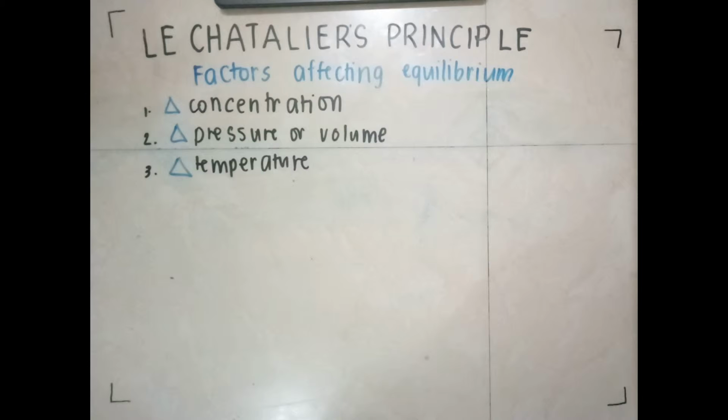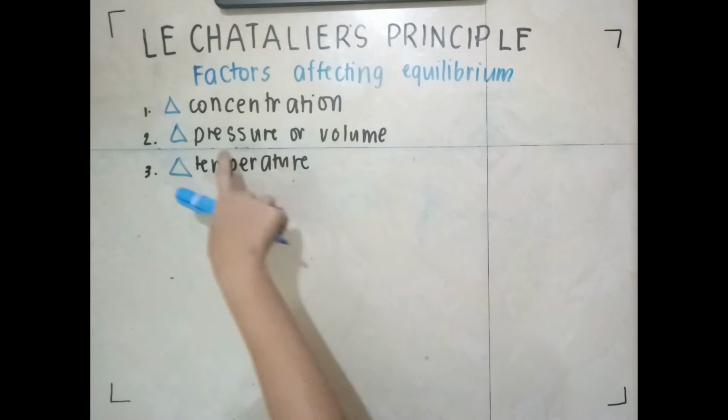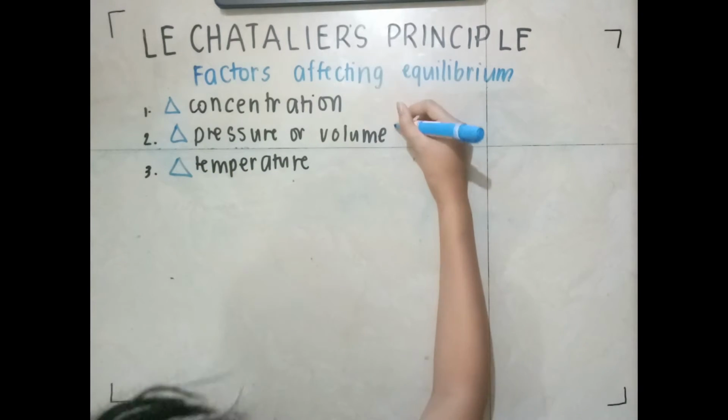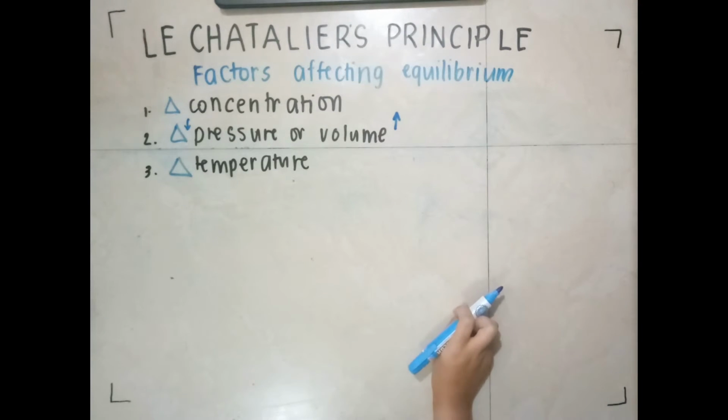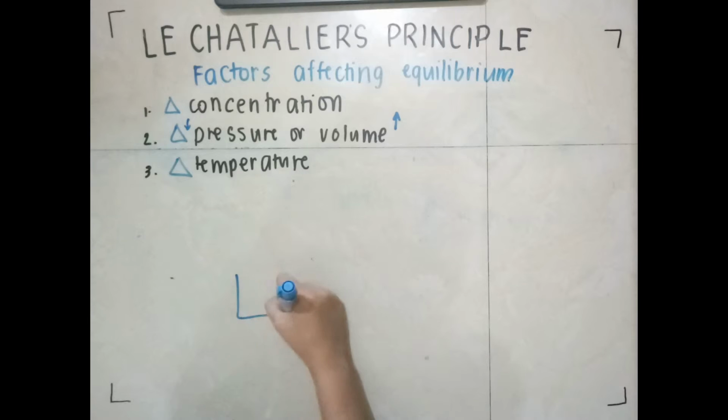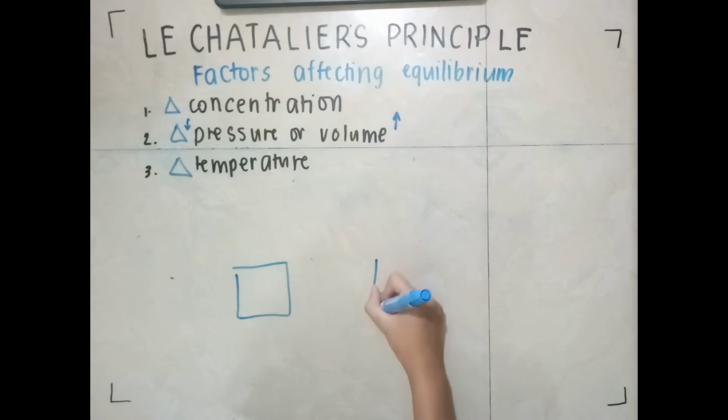The second type of change is the change in pressure and volume. This change affects only gases, since gases are compressible and solids aren't. One thing we have to remember is that an increase in volume is a decrease in pressure, and vice versa. But how do we correlate concentration to pressure and volume?